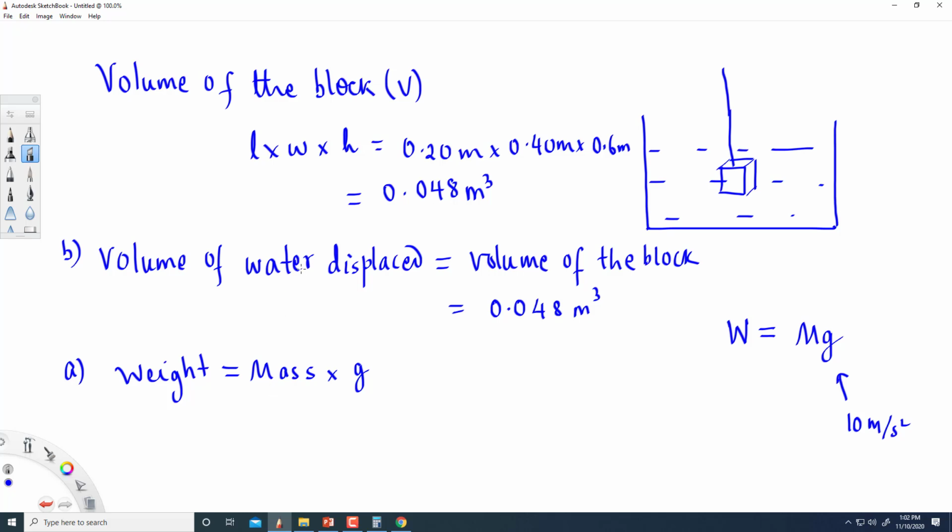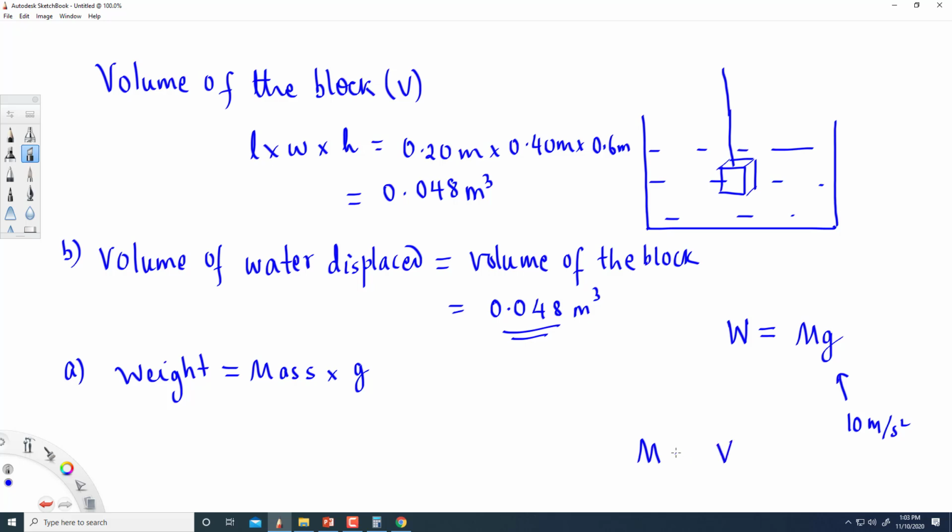We don't know the mass of the water, but what we know is the volume. And what is the relationship between mass and volume again? I just mentioned that a couple of moments ago.